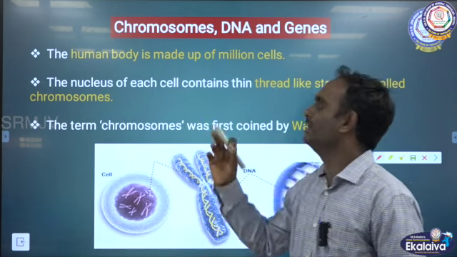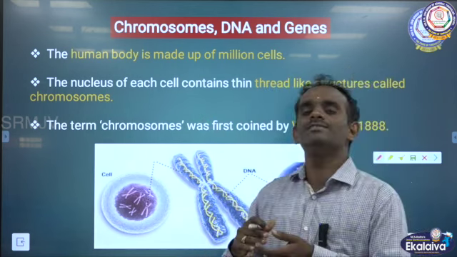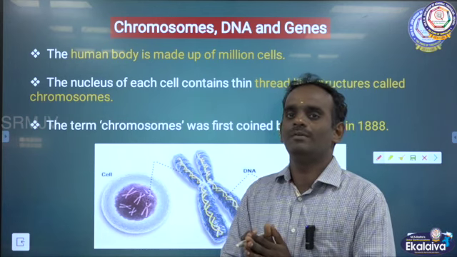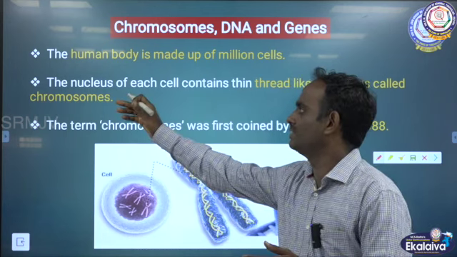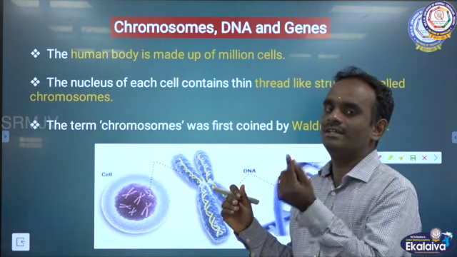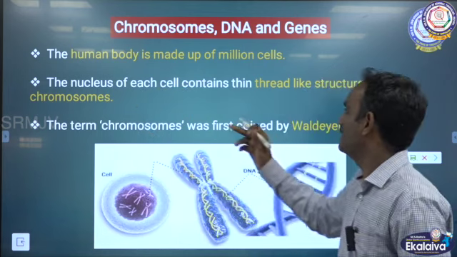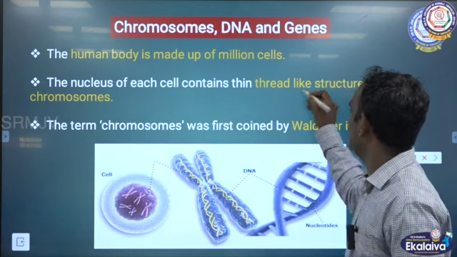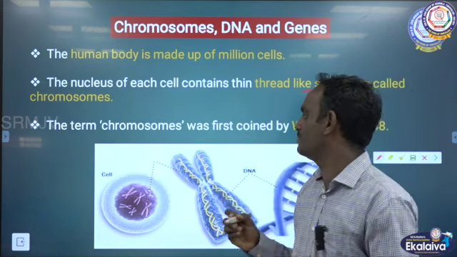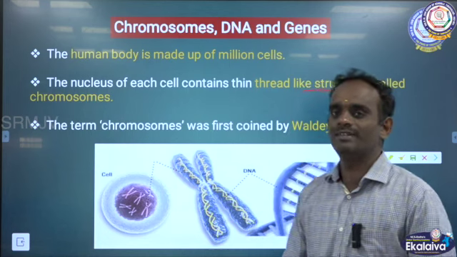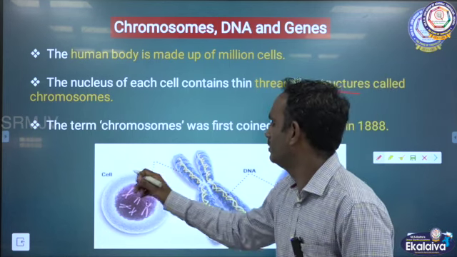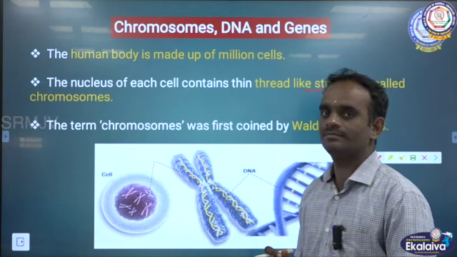In the human body, there are millions of cells. The nucleus of each cell contains a thin thread-like structure called chromosomes. See the picture here. Can you guess what this is?